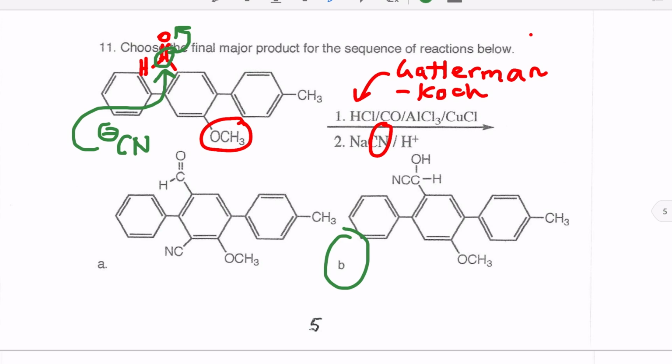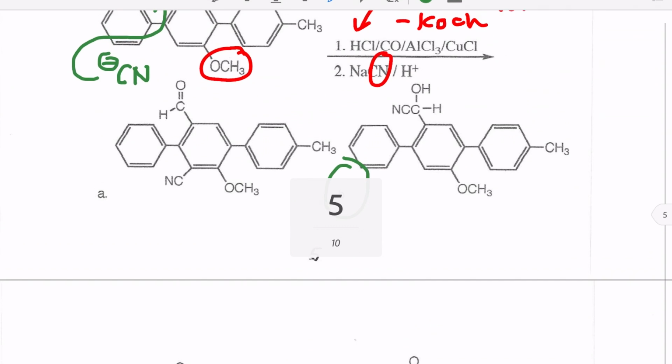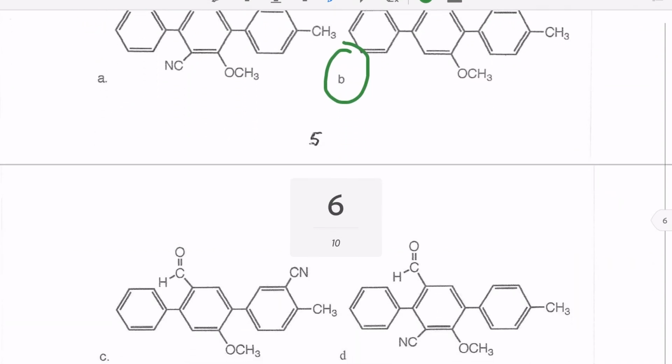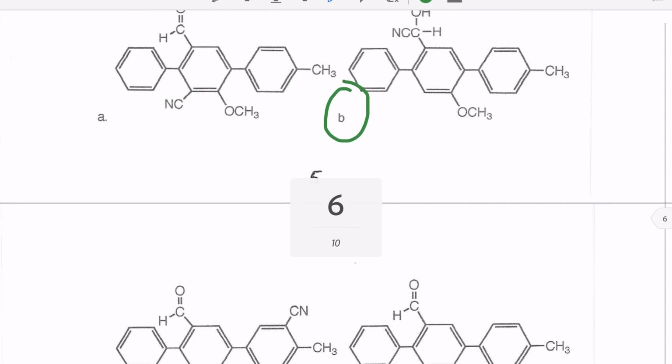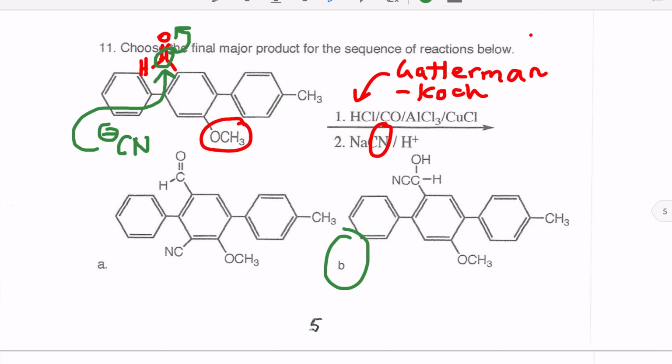And if we look at the other answer choices, for choices A, C, and D, they all have the aldehyde, but that aldehyde doesn't have the cyanide group. And for A and D, they actually have the cyanide group attached to the ring directly, which, as I mentioned earlier, is not energetically favorable. So that is why we are left with B as our final answer.